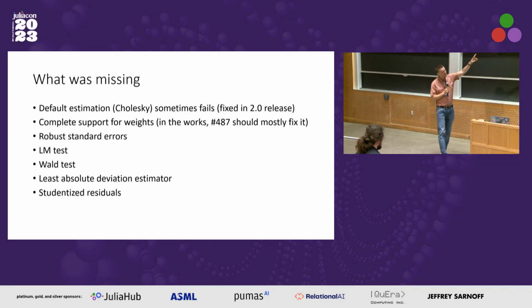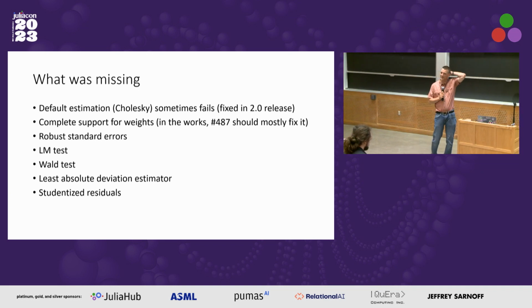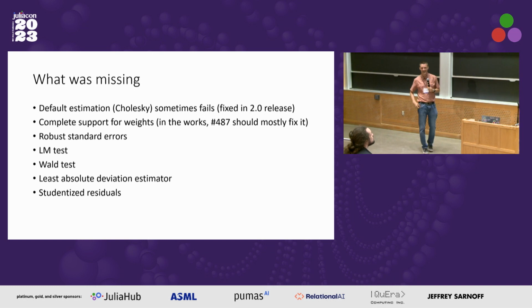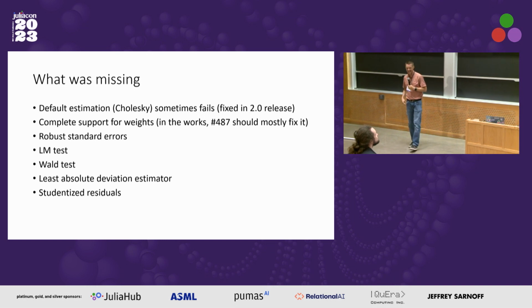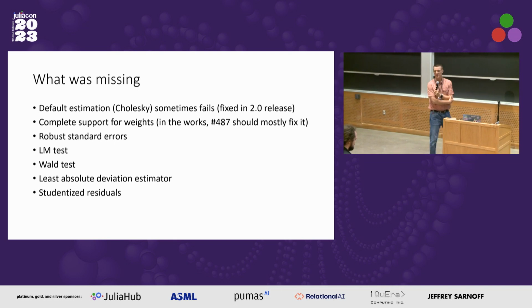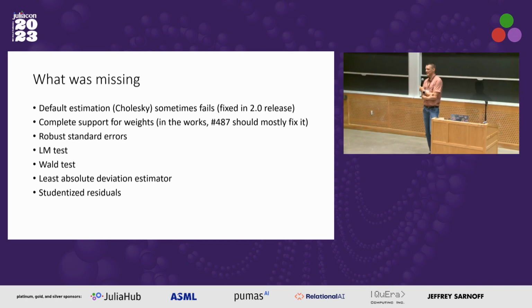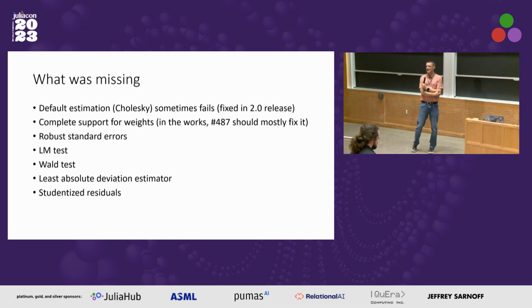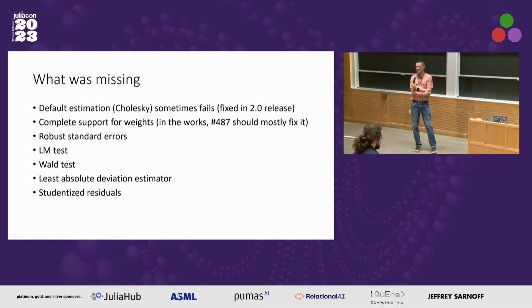Also, while working on this, and this is maybe something that will be useful for GLM.jl users, and I hope there are some in the room. Actually, there is one more difference. So you are probably aware that GLM.jl automatically does multicollinearity detection.